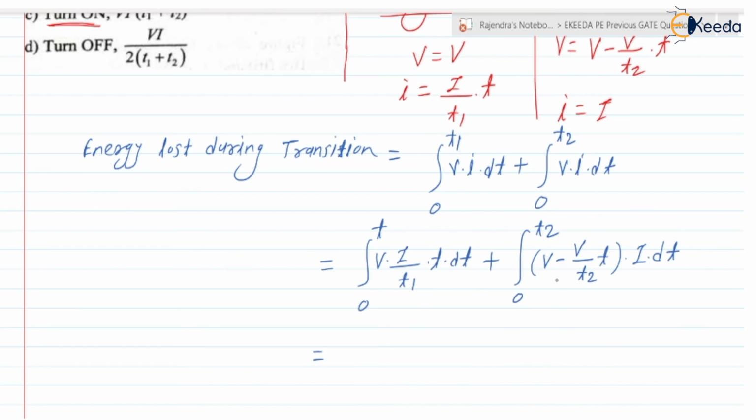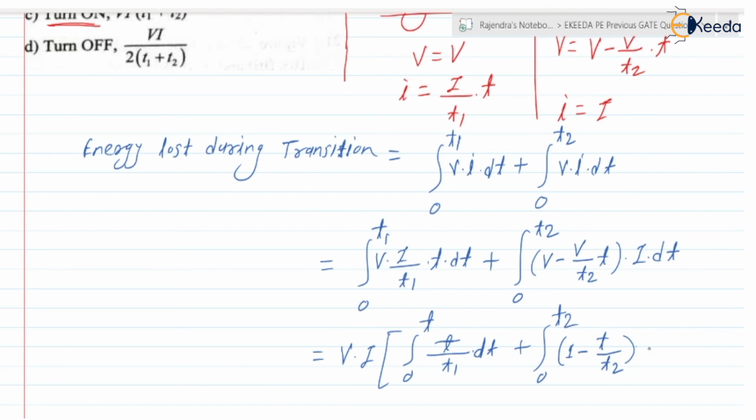Can we take V and I outside? Yes, so it is V into I into a bracket. Taking V and I outside, it will be integration from 0 to t1 of t by t1 into dt, plus integration from 0 to t2 of 1 minus t by t2 into dt.